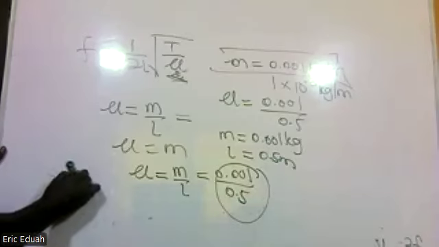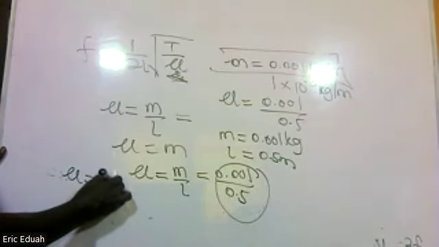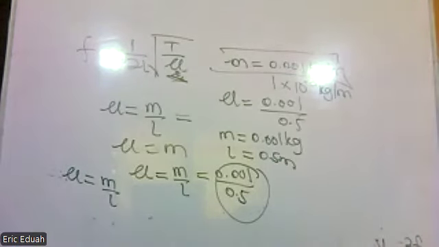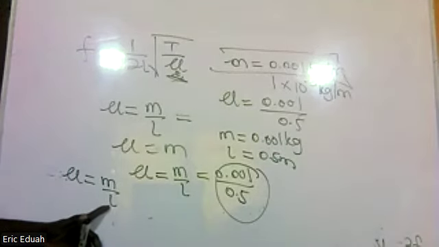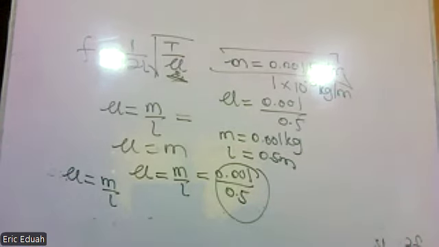If mu is M over L, the formula will be F equals 1 on 2L times root T times L over M, right? Exactly. But don't forget this will happen if L is not 1 meter. Okay. Understand now.